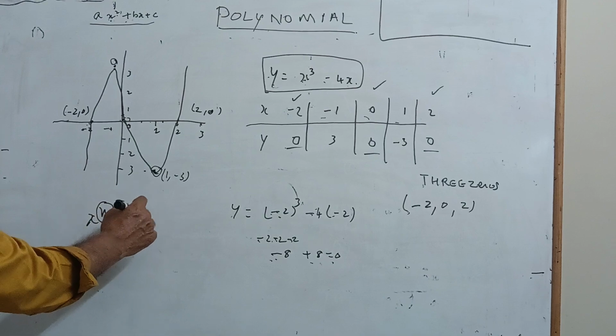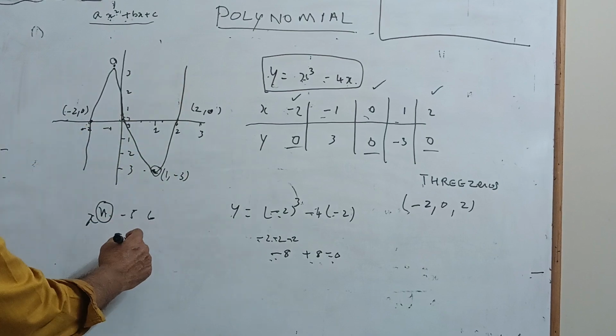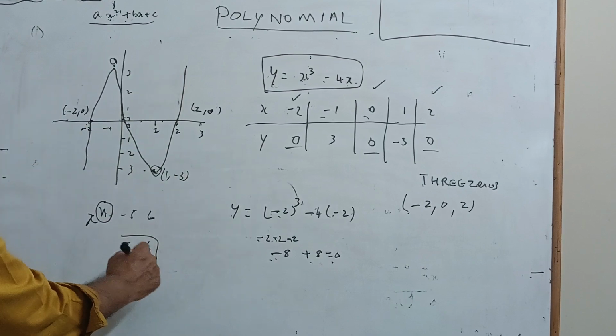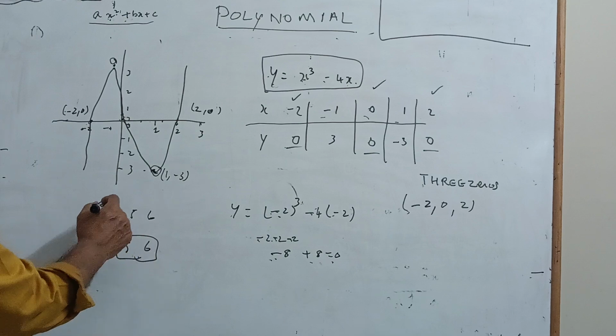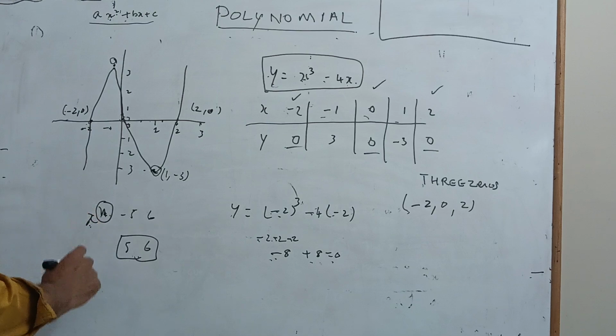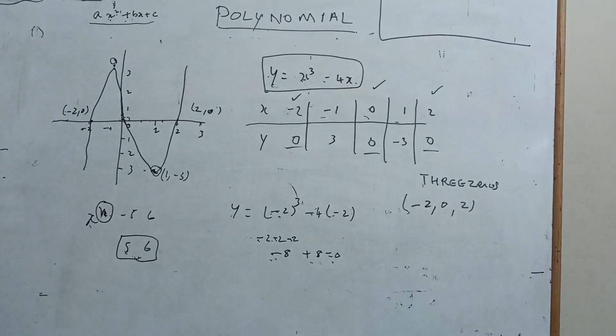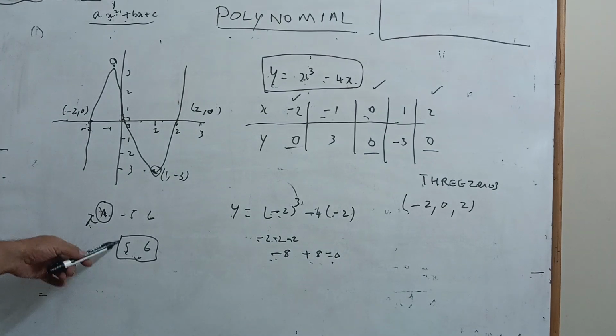It may be 5 or 6 or anything. So the number of intersections will be 5 or 6. There is a maximum number of 6. So the formula is, for x to the power n, the number of intersections should be equal to this n. This is the maximum number.